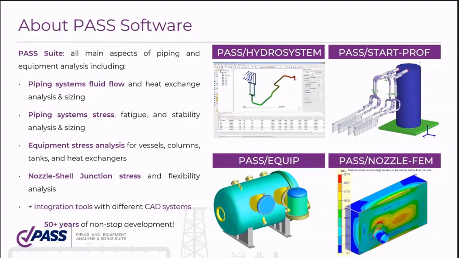And all this software also comes with integration tools with different CAD systems. And behind all this software is more than 50 years of non-stop development, starting from mainframes and permanent improvement.